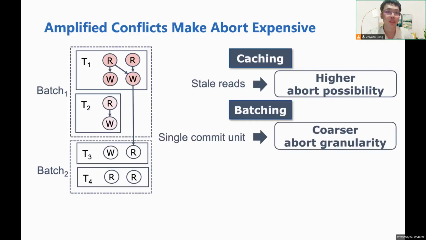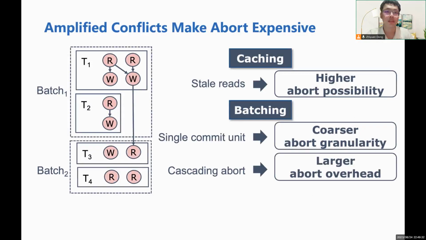As batching merges transactions T1 and T2 as a single commit unit, T2 in batch 1 is also aborted even if T2's operations are valid. Finally, as batching allows transactions to observe others' uncommitted writes, it has the risk of cascading abort. With the three factors, transaction conflicts are amplified and make abort expensive.